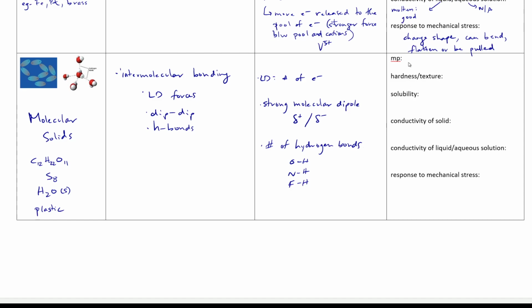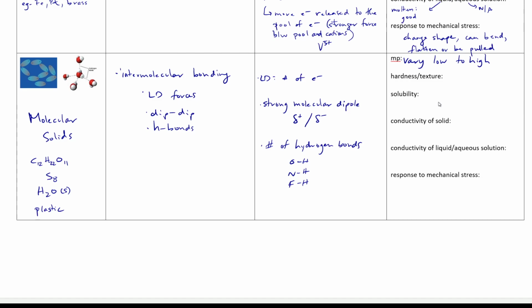So the melting point of this solid can actually vary quite a bit from low to high. Right? It really all depends on the type of intermolecular bonding going on in that solid. If you have weak intermolecular bonding, then the melting point of the solid is going to be pretty low. But if you have many hydrogen bonds in a very large molecule that has lots of electrons, well, then the melting point is going to be quite high.